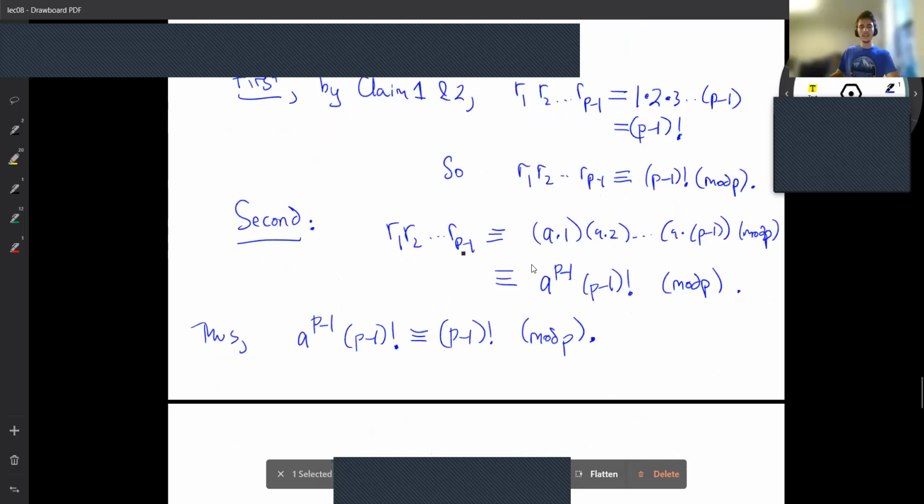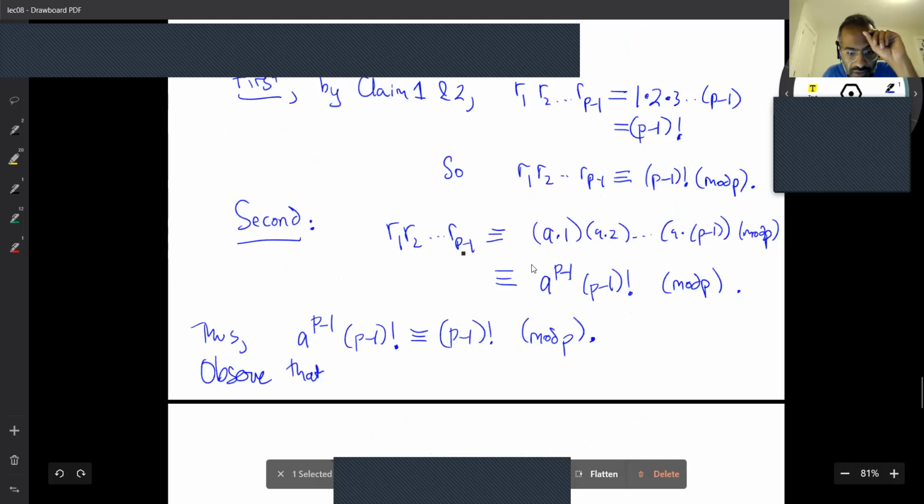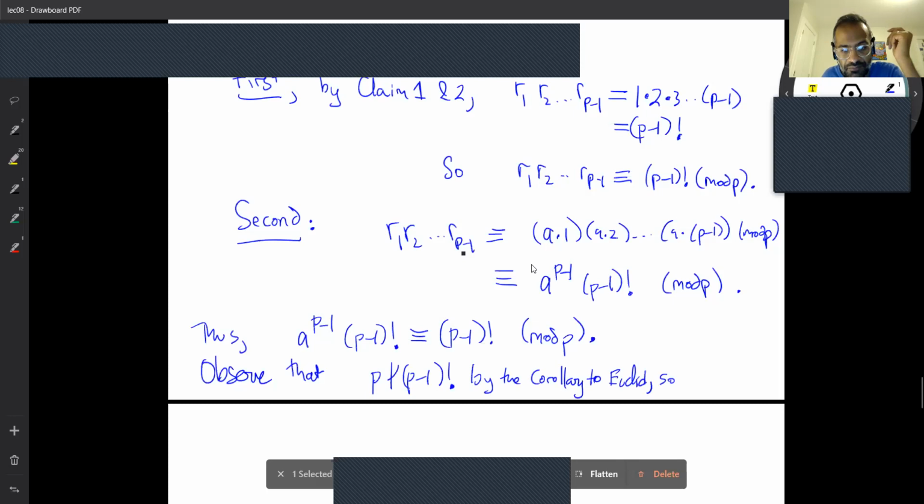We showed that it's relatively prime to p. So observe that p does not divide p minus 1 factorial by the corollary, actually, to Euclid's lemma. So actually p minus 1 factorial has an inverse.